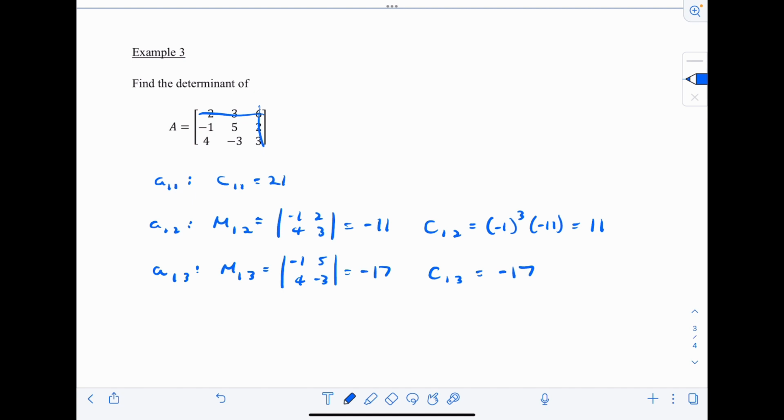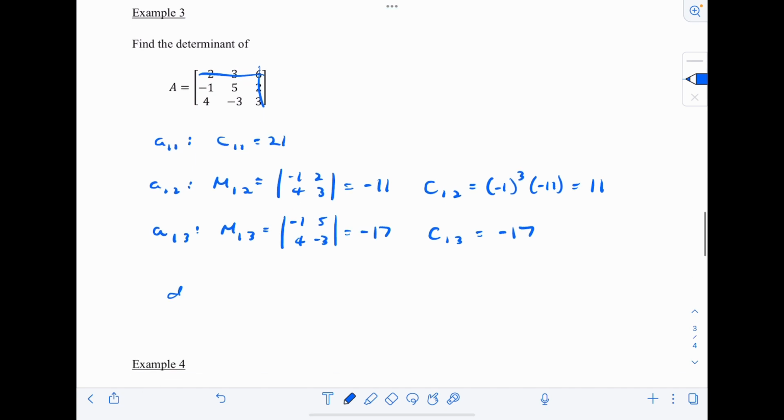So now, to find the actual determinant of A, we need to take each of those cofactors, multiply them by their corresponding entries, and then add those together. So for example, a11 was -2. We're going to multiply that by 21. And then we're going to take 3 times 11, and then plus 6 times -17.